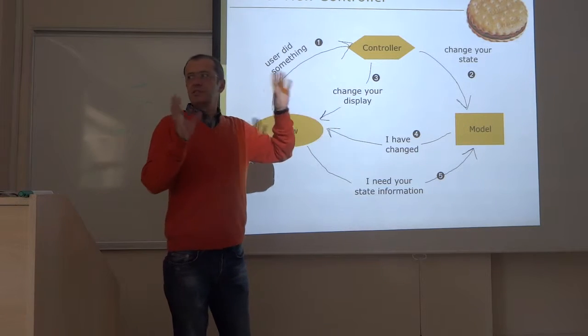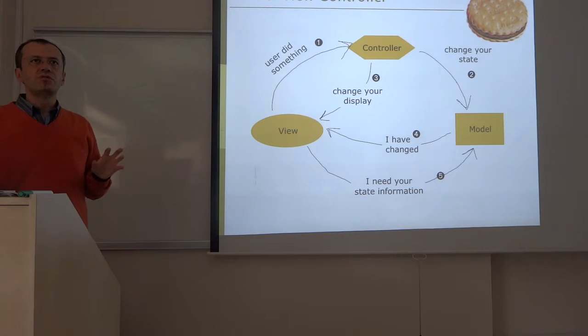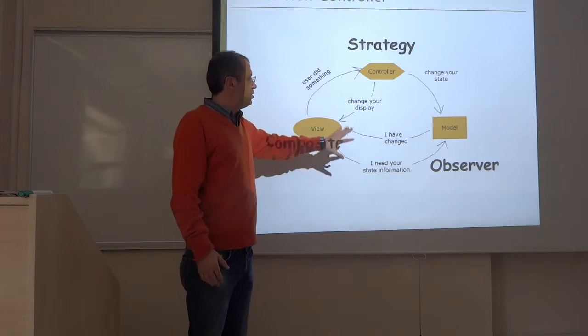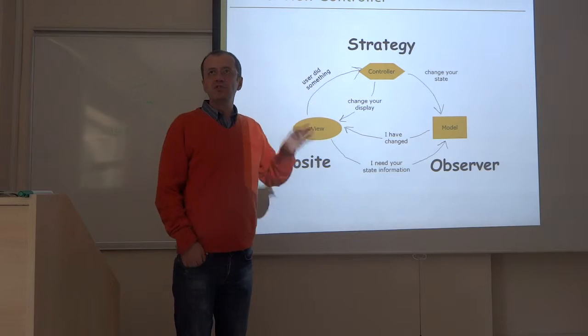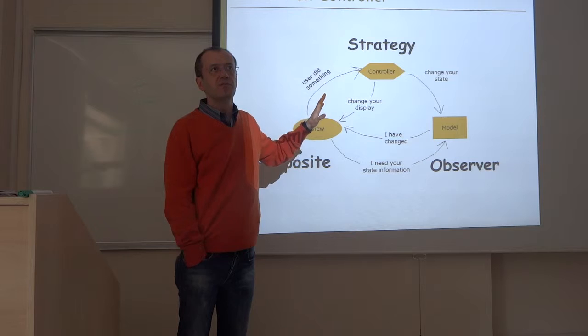So this is the idea that we have, and actually this model view controller is a composition of patterns. We can say that we have strategy, observer, and composite patterns joined together, and this is what makes up the MVC model.